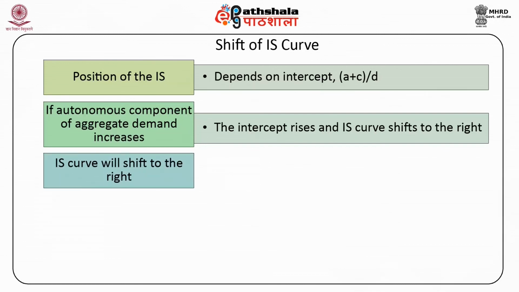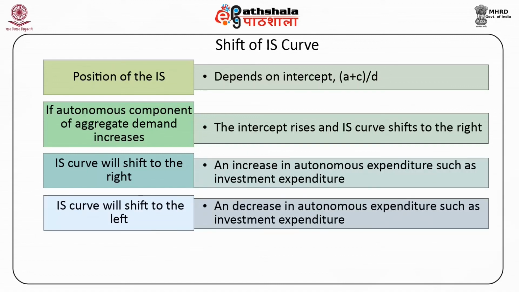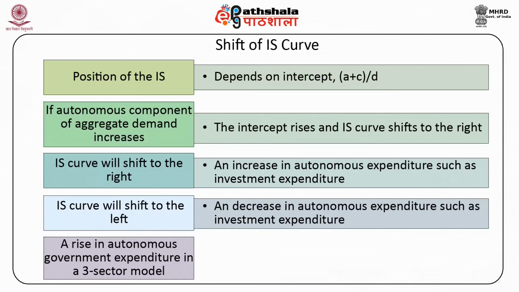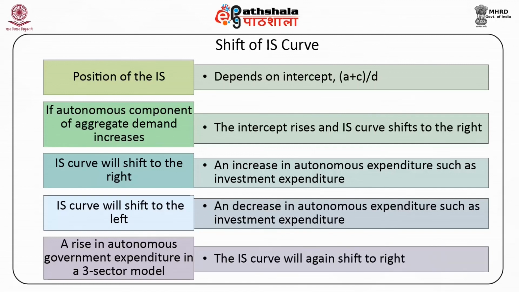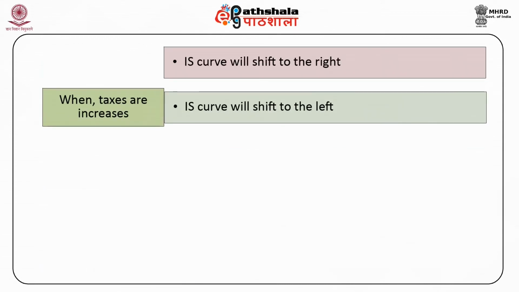The IS curve will shift to the right when there is an increase in autonomous expenditure such as investment expenditure. A rise in autonomous government expenditure in a three-sector model will have the same effect and the IS curve will again shift to the right. The IS curve will also shift to the right when taxes are reduced.